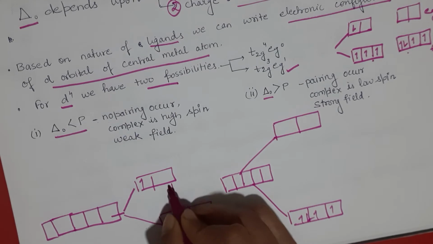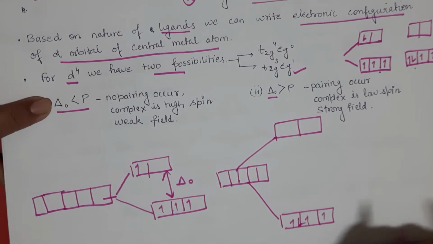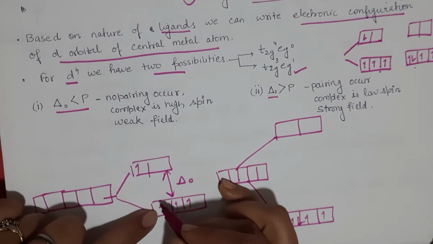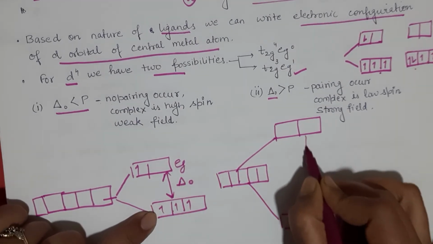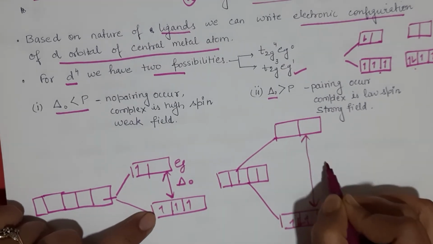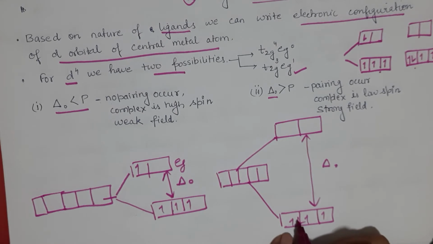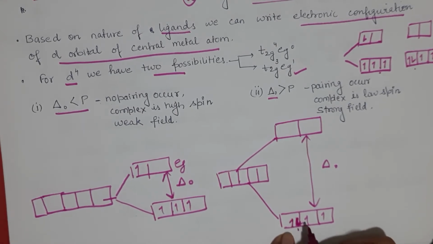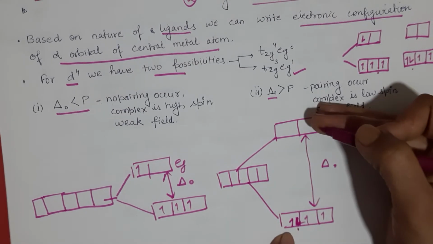If the splitting energy is less, there is a chance of the electron to jump into the EG orbital. But if this gap is very high, the fourth electron will reside here. This electron is not going to jump to the higher energy level.